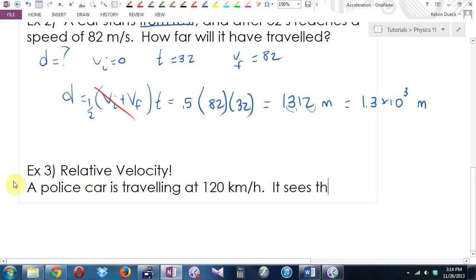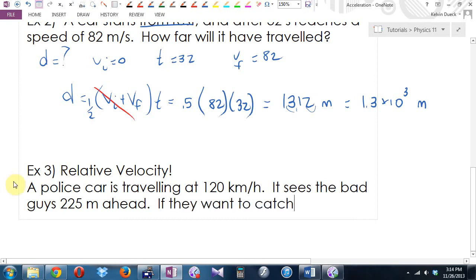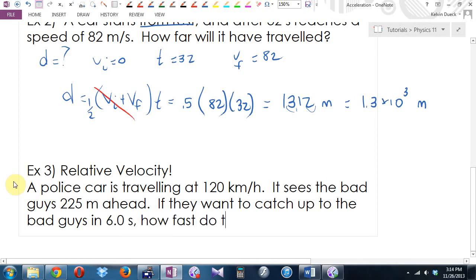It sees the bad guys 225 meters ahead. If they want to catch up to the bad guys in, I don't know, 6.0 seconds, how fast do they need to travel in kilometers per hour?